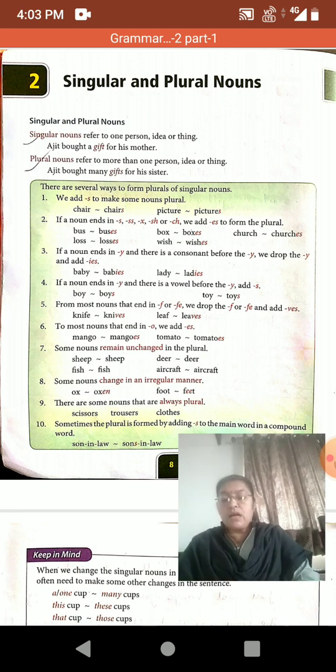Scissors, trousers, clothes. We don't use scissor in singular; we speak scissors only, trousers only, clothes only. Last rule. Sometimes the plural is formed by adding S to the main word in a compound word.